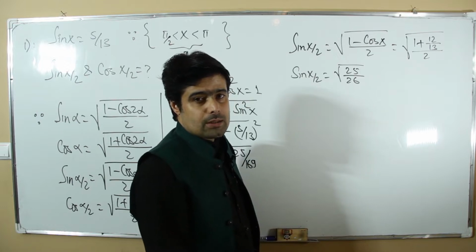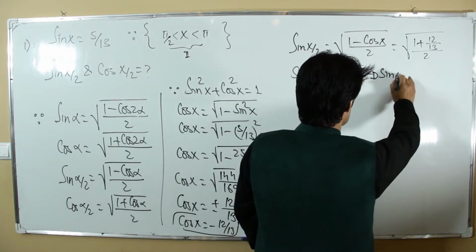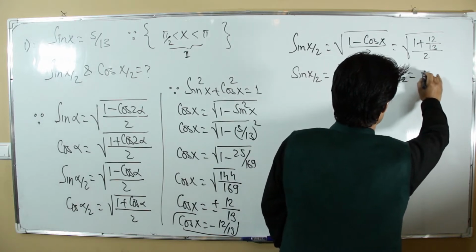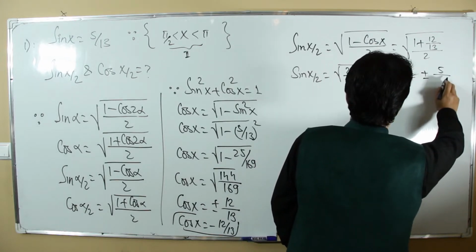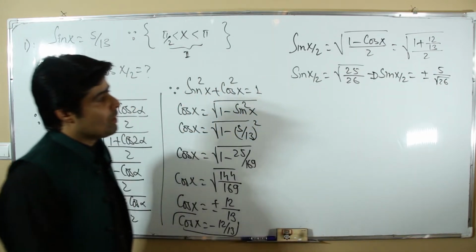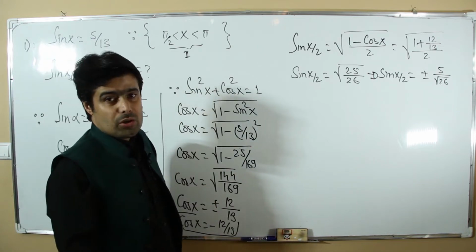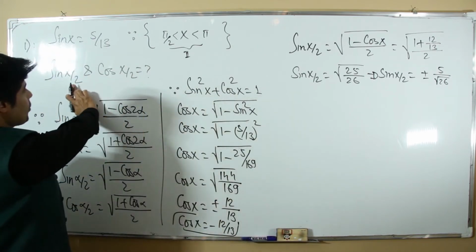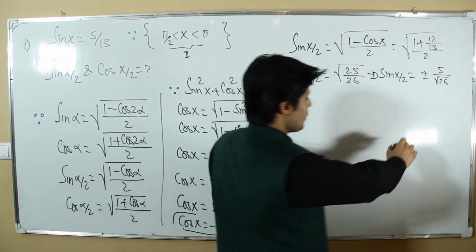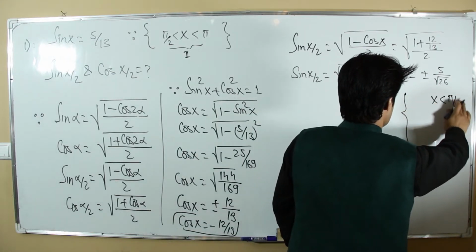Now which value is correct? Sine of x by 2 is plus minus 5 by root 26. Am I right or not? Yes. Now which one is correct? Here you have to find the quadrant for x by 2. The quadrant for x is given, which is between pi by 2 and pi.